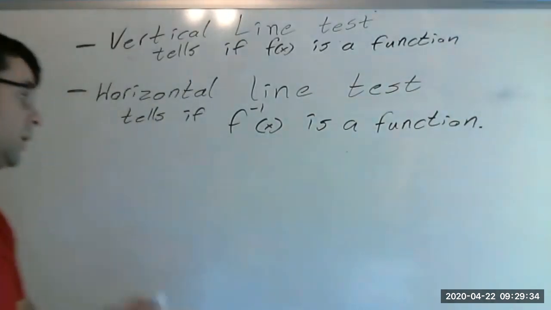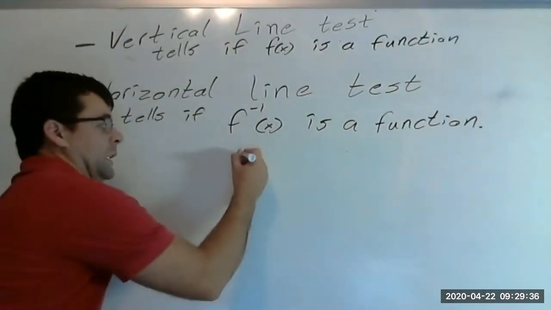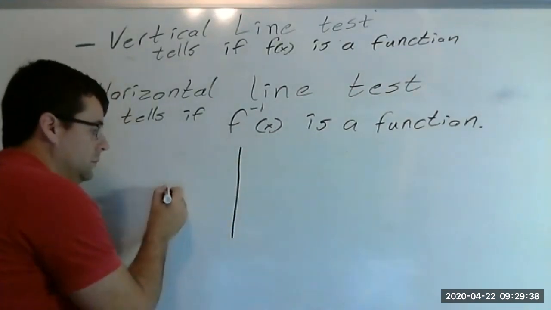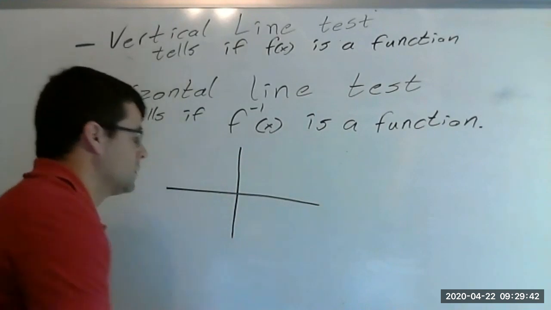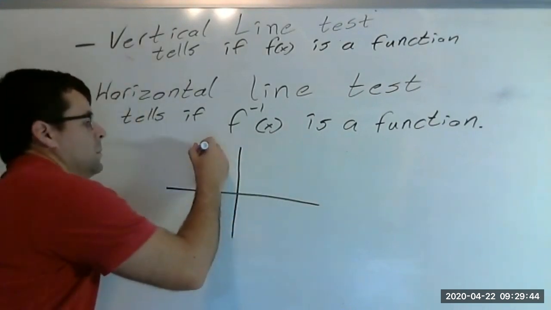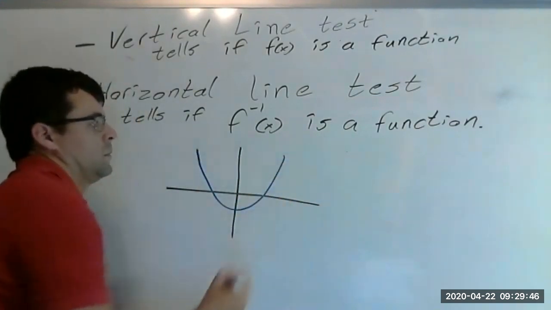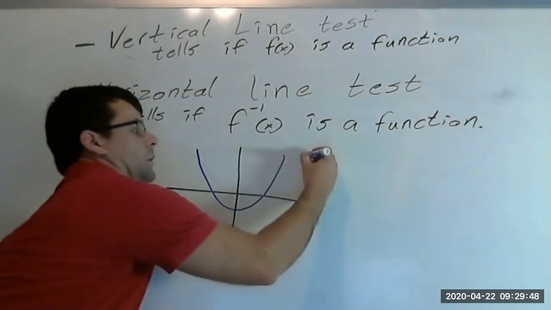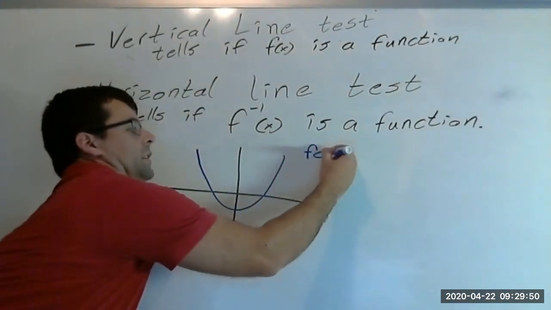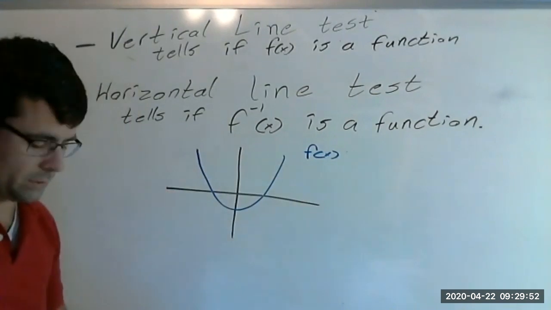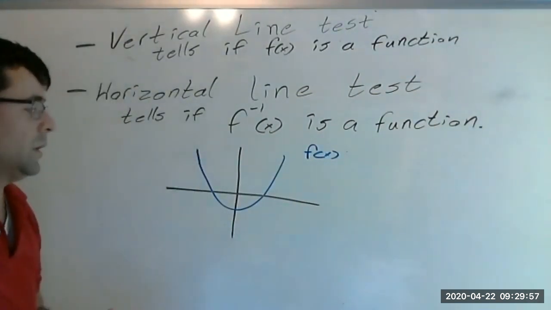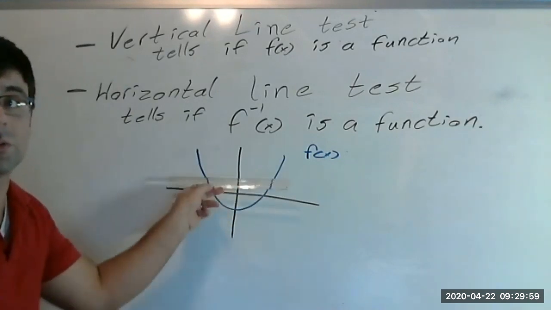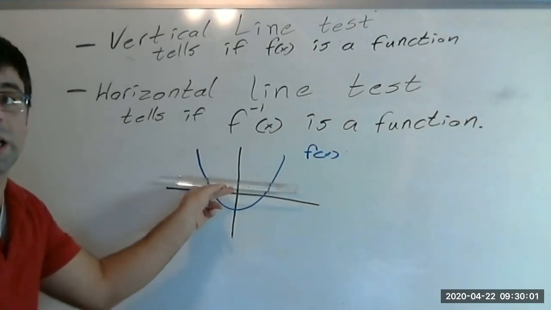So if we do our example we were using without all the extra junk in there, this is our function. So to see if it has an inverse, we take a horizontal line.